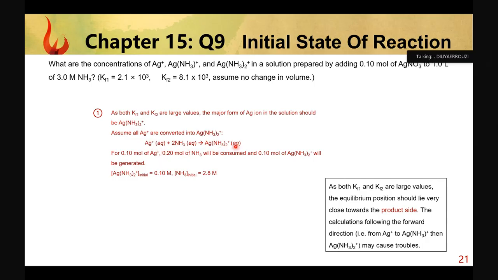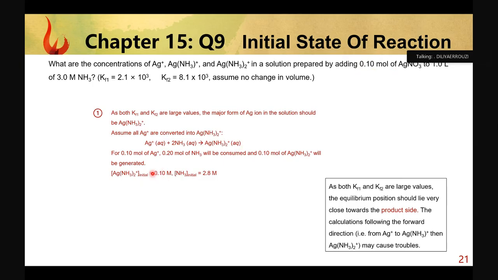So this is the equation. From this, we can work out the initial concentration of the Ag(NH3)2 ion, assuming all of the silver ion reacts to the product side.